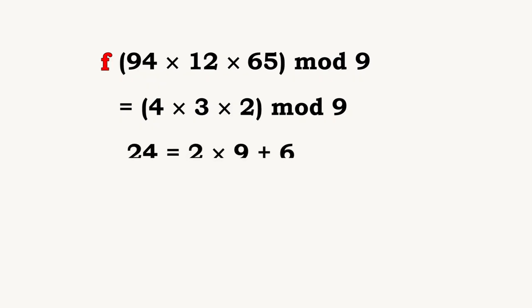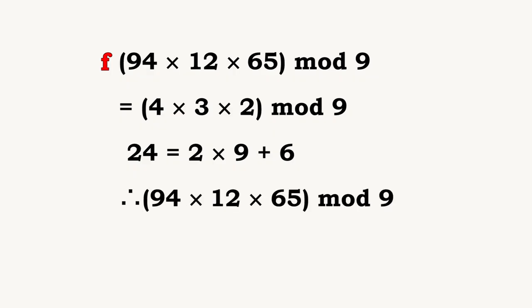When we multiply these 3 numbers, we get 24 mod 9. So we have to change the 24 to a smaller number in mod 9. That gives us a remainder of 6. And therefore, 94 times 12 times 65 mod 9 is simply equal to 6 mod 9.